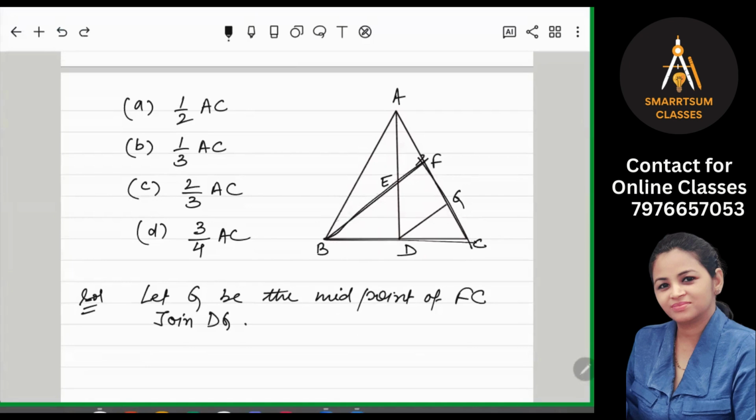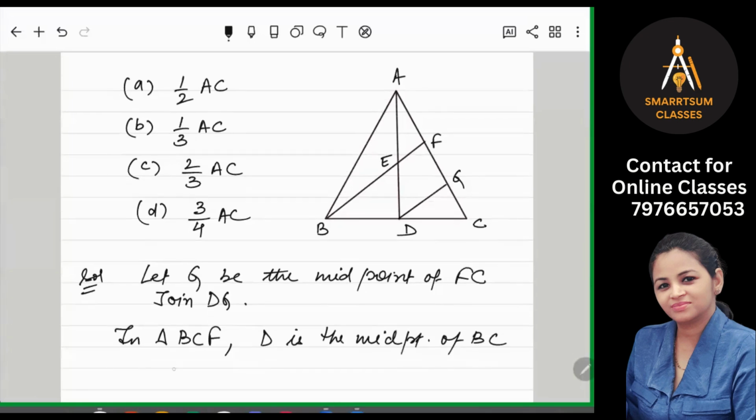So in triangle BCF, what do we have? D is the midpoint of BC because AD is the median, right? And G is the midpoint of FC, which we have done by construction. So D is the midpoint of BC and G is the midpoint of FC within this triangle BCF. So can we say that the line DG is parallel to BF?